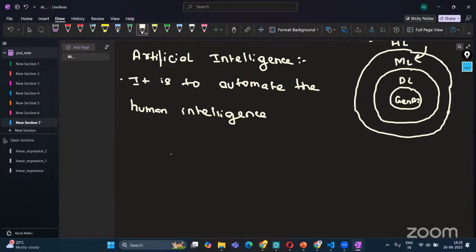The role of ML is that we don't have to explicitly program the model. The model, by understanding the pattern present inside the data, will try to predict. Here we are not explicitly programmed.